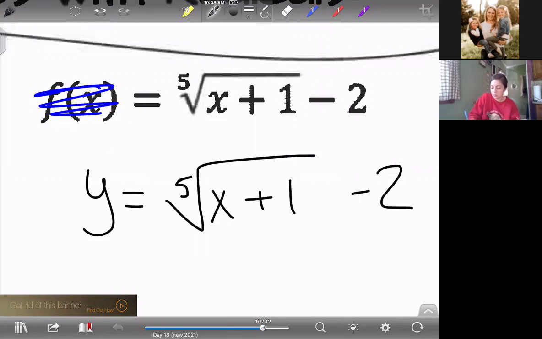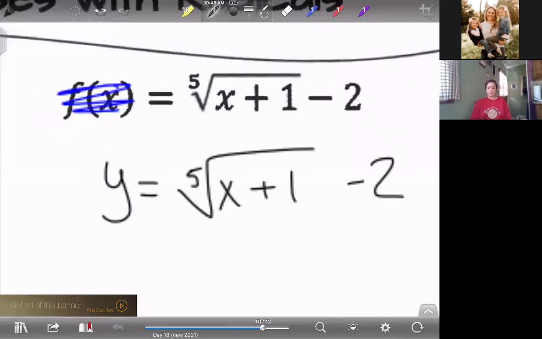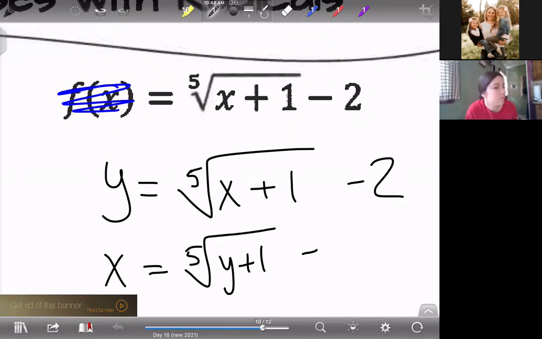Step number 2, we want to switch the x and the y. So I'm going to have x equals the 5th root of y plus 1, minus 2.